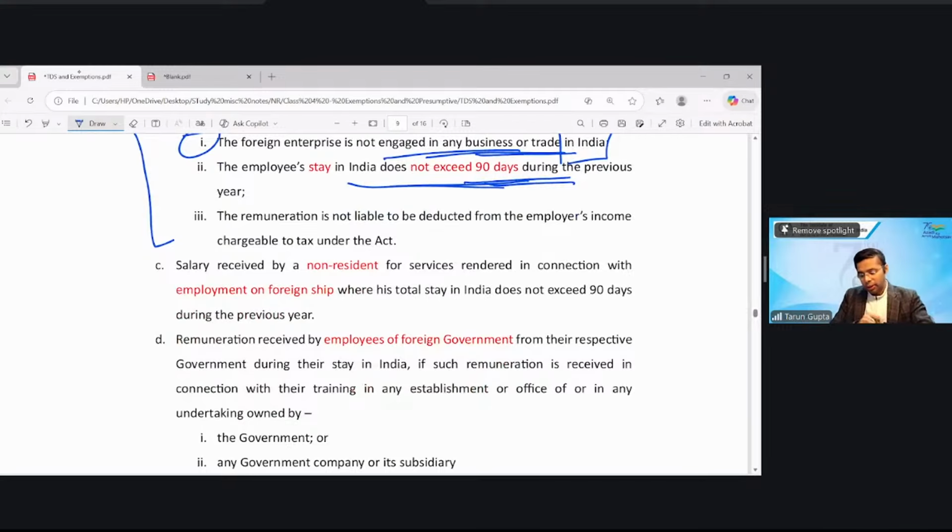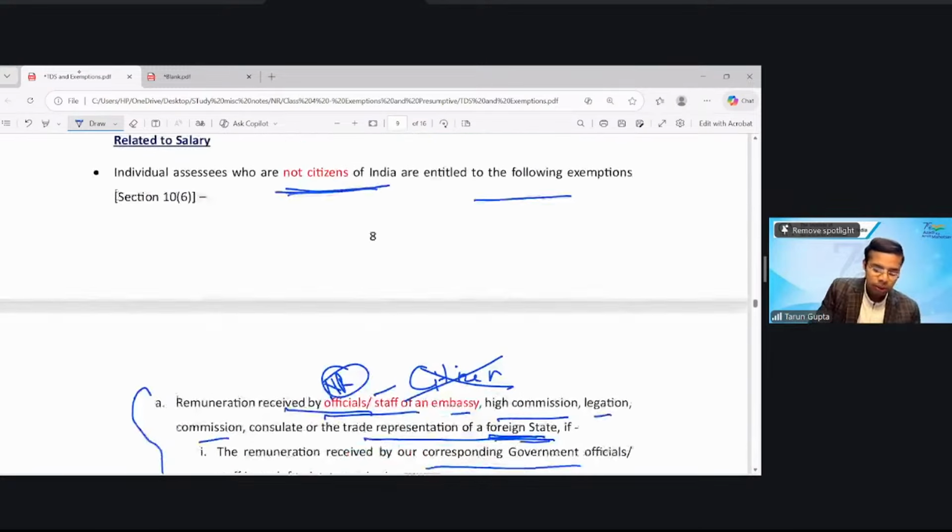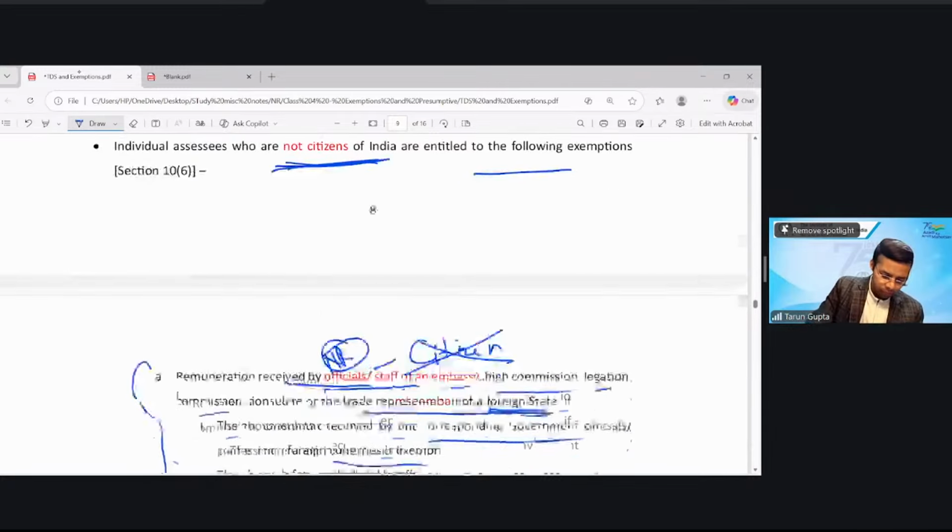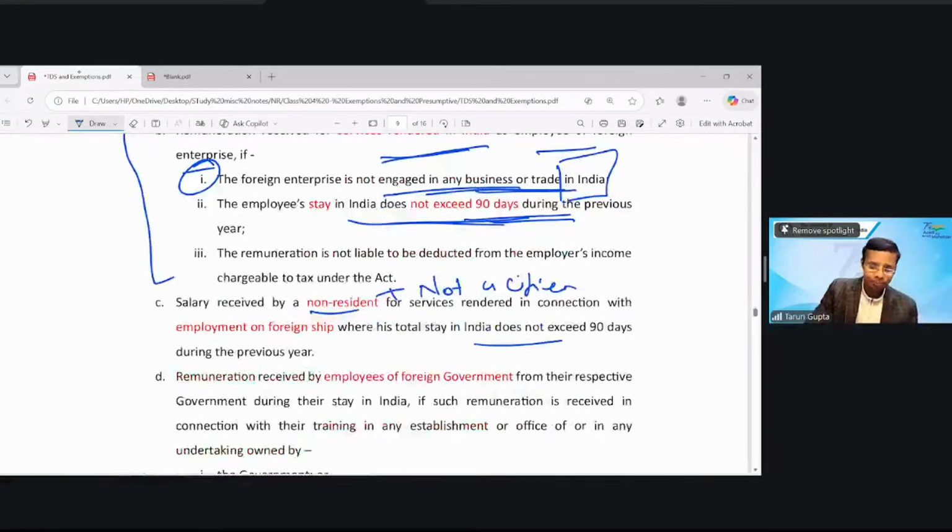Now there is a condition in the third part. Salary received by a non-resident for services rendered in connection with employment on a foreign ship, with total stay in India not exceeding 90 days during the previous year. So if there is a person who is non-resident plus not a citizen, you understand? The requirement that you should not be a citizen of India applies in all these clauses.